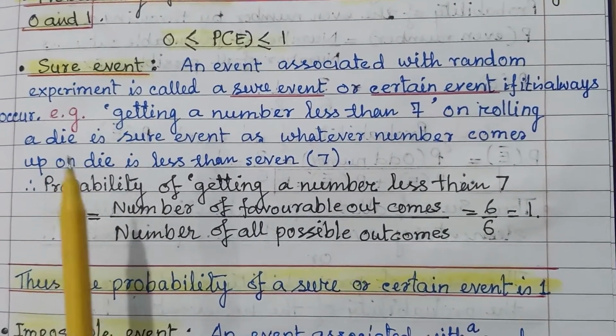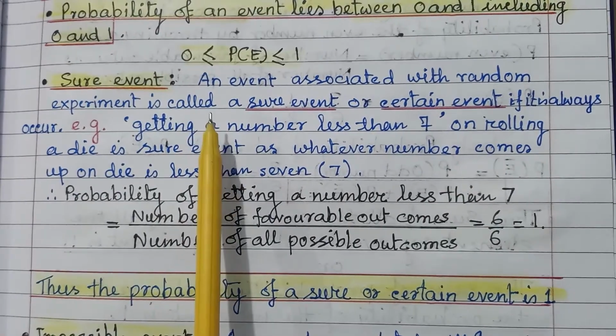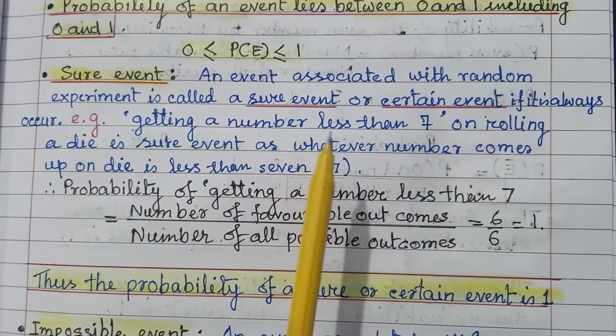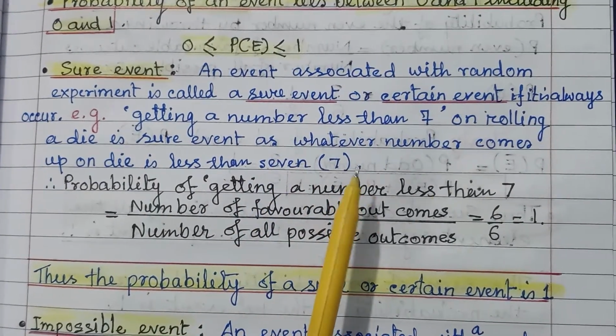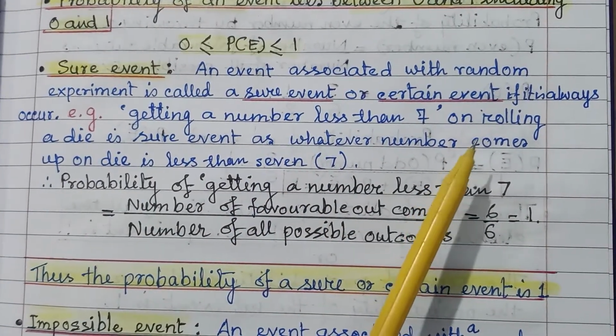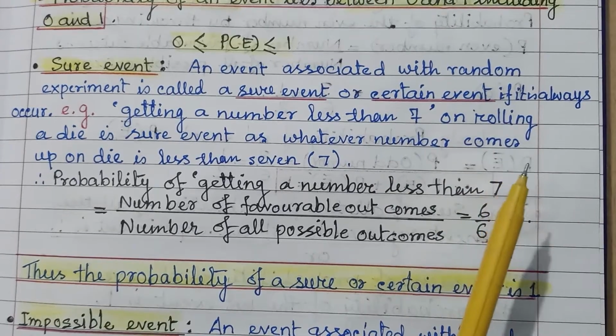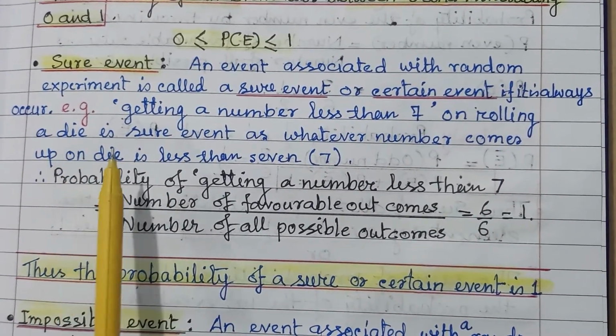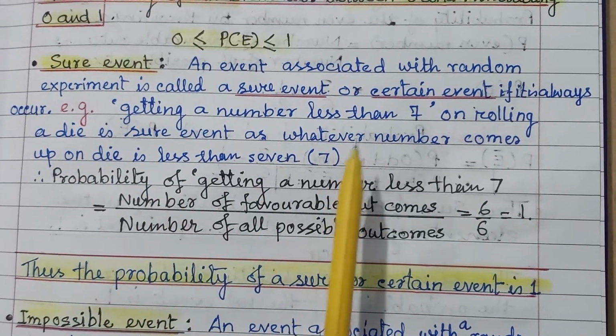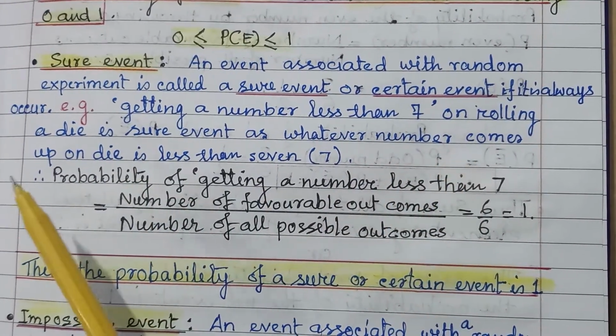Now, a few terms related to events. Sure event: an event associated with a random experiment is called a sure event or certain event if it always occurs. For an example, getting a number less than 7 on rolling a die.